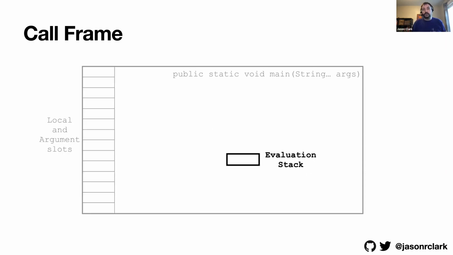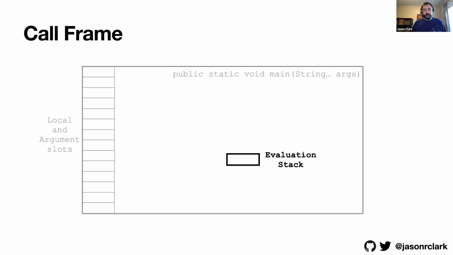Also local to this single frame, it has an evaluation stack. And this stack is where the JVM actually does its computation. All of its computation, all the interesting machinery, takes place using this evaluation stack, which is local to this frame.